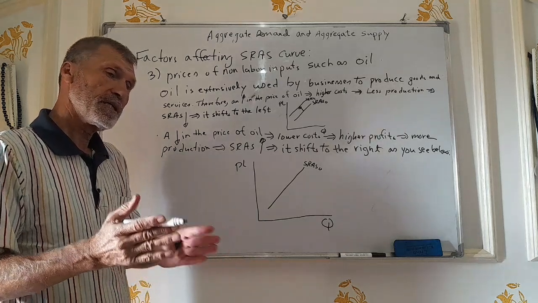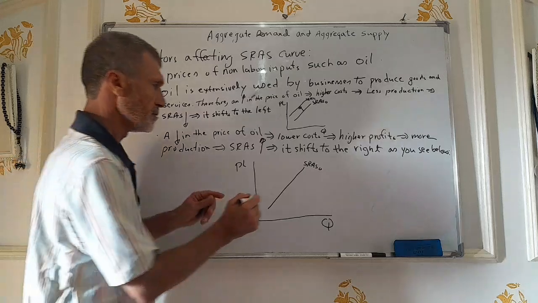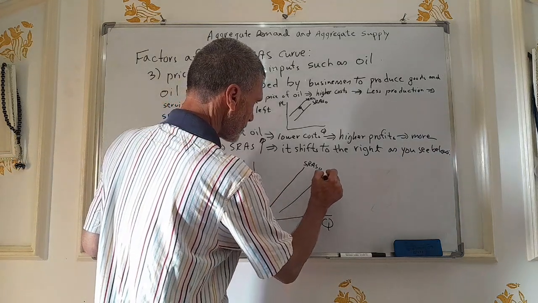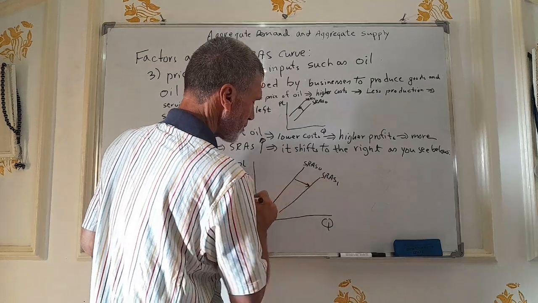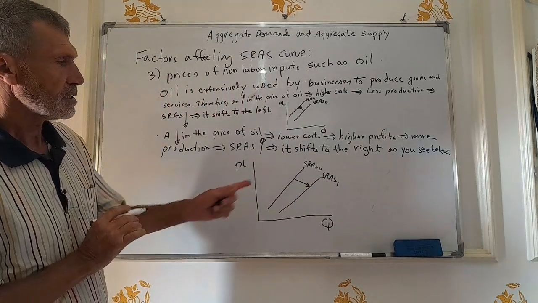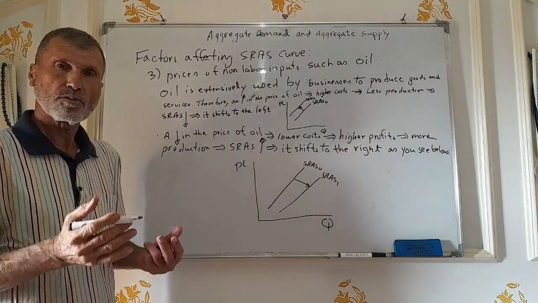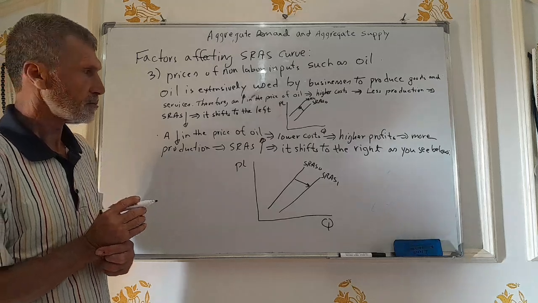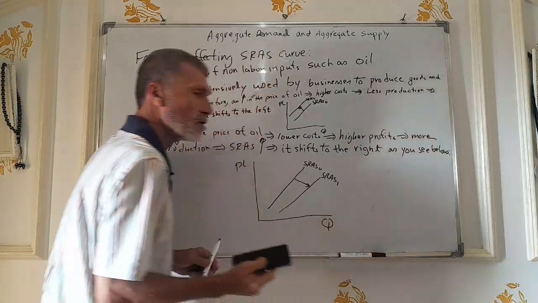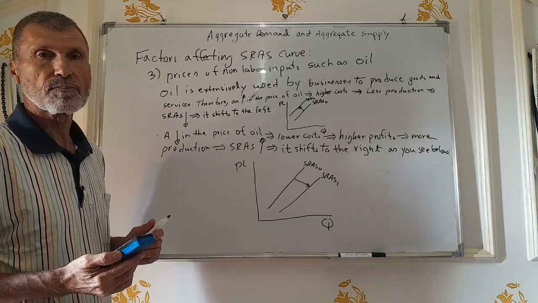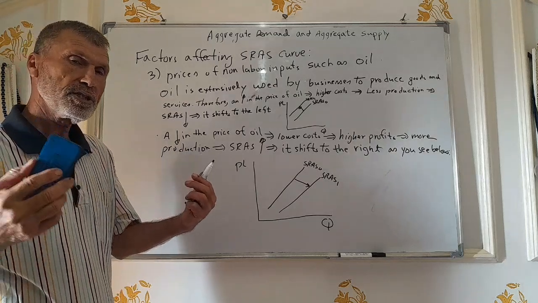That means the short-run supply shifts to the right, as you can see over here. And shifting to the right means what? More production. Okay?